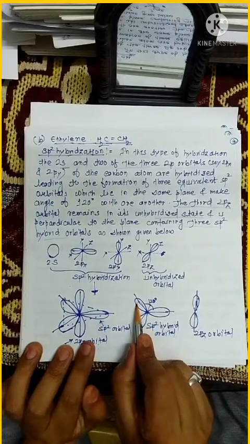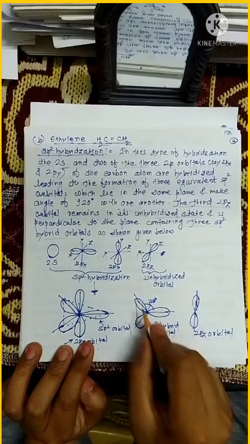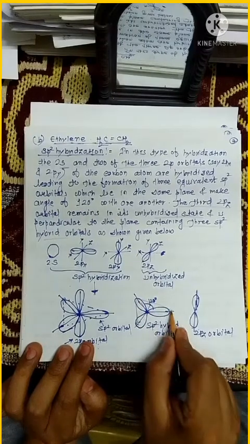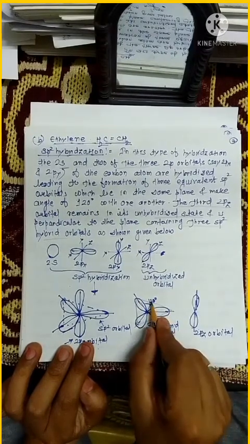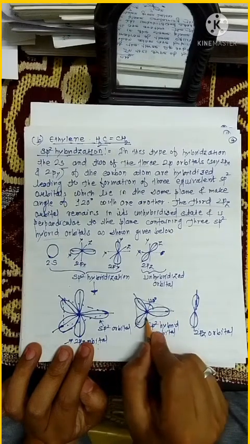So these are the sp2 hybrid orbitals lying in one plane. They make an angle of 120 degrees with each other.